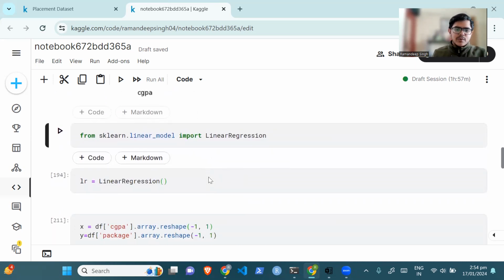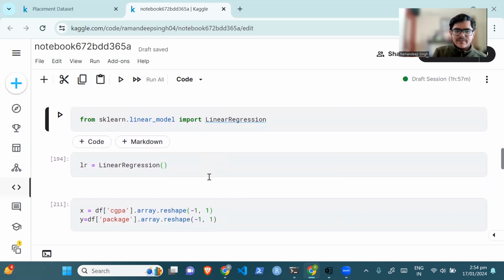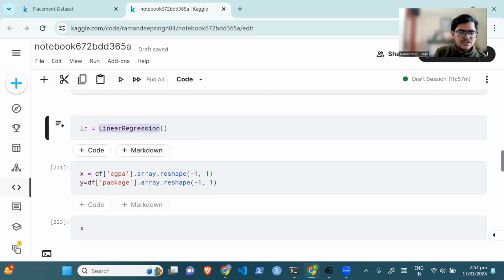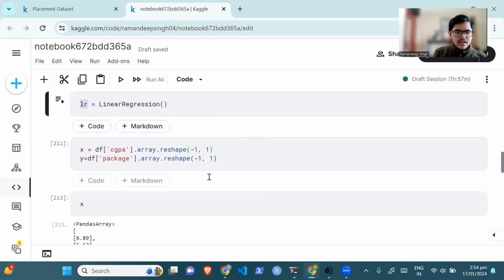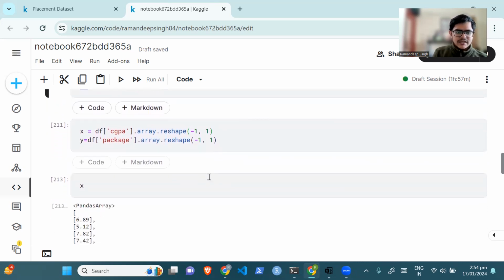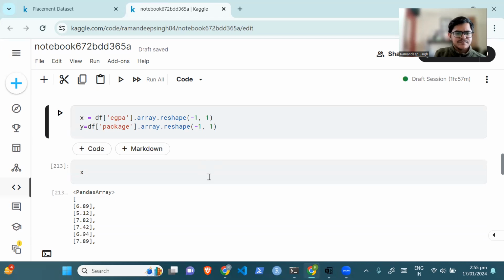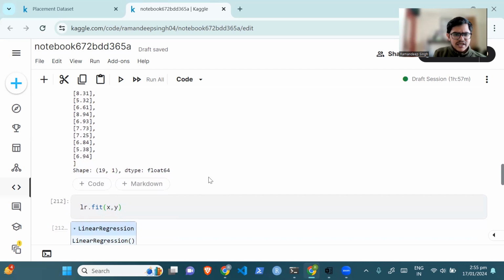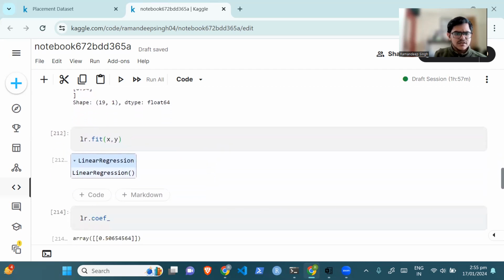Now I import the linear regression library from sklearn and create an object of it as LR. X is my input column, the CGPA, and Y is my output column, the package. This is how X looks; it has 19 rows.